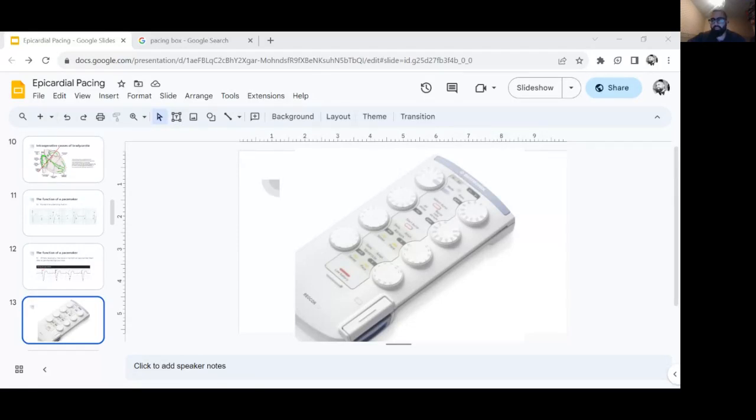Is a subcutaneous defibrillator unsuitable if there are indications that future pacing may be needed? I believe that this is more of a cardiology question, so I'm not 100% sure.